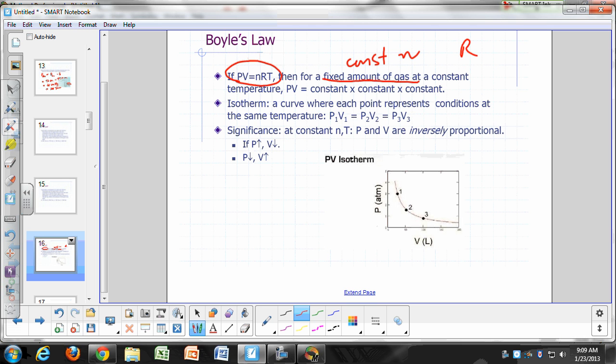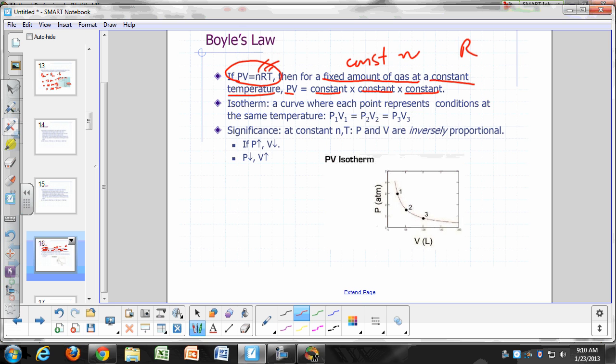And T, if you're dealing with a gas at constant temperature, T is also constant. So you can say that PV then is going to be a constant, which is N, times another constant, which is R, times another constant, which is temperature. So you say that pressure times volume is a constant. Okay? If you're dealing with a fixed amount of gas at constant temperature.